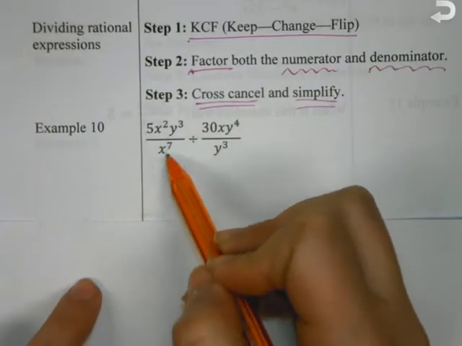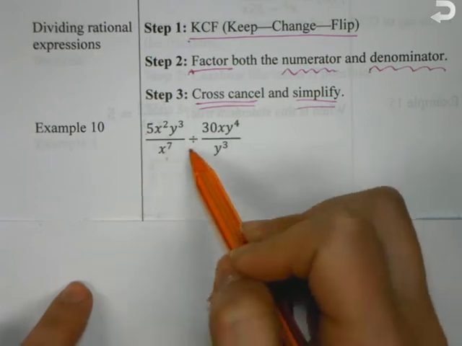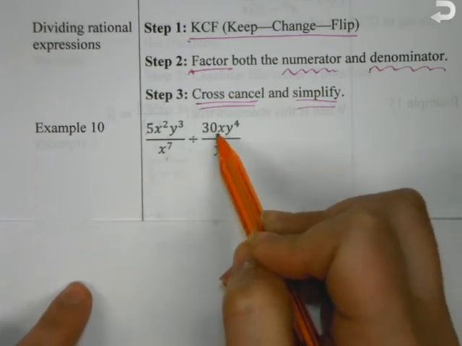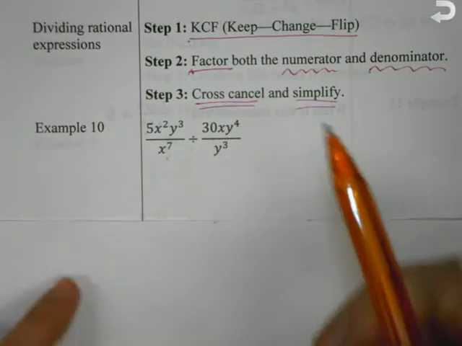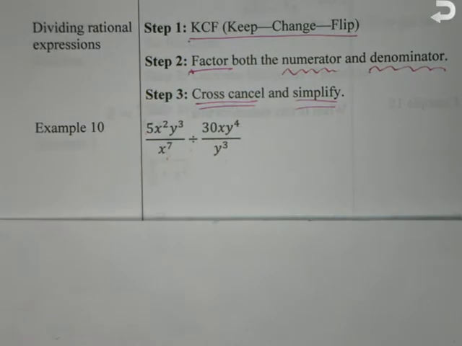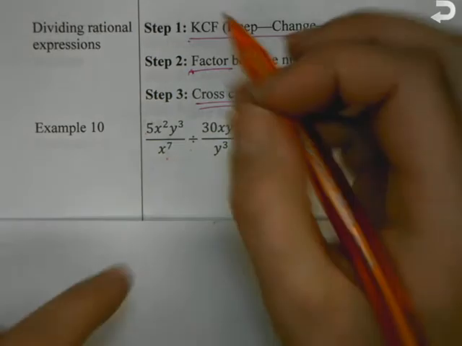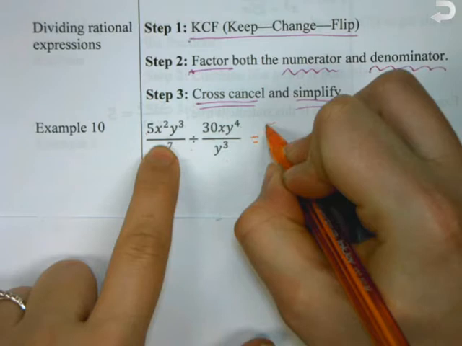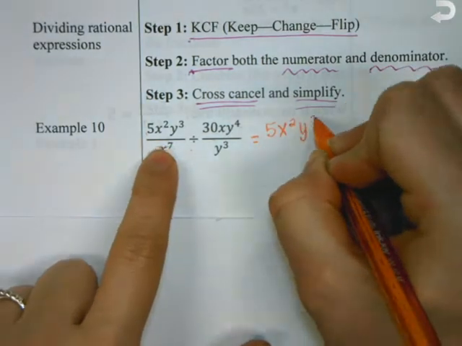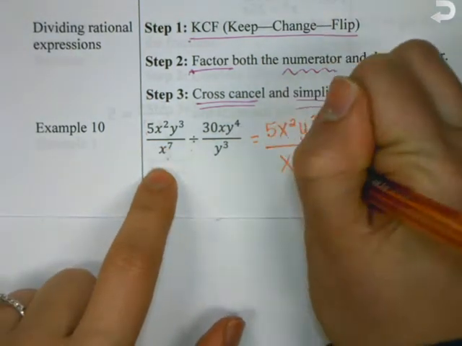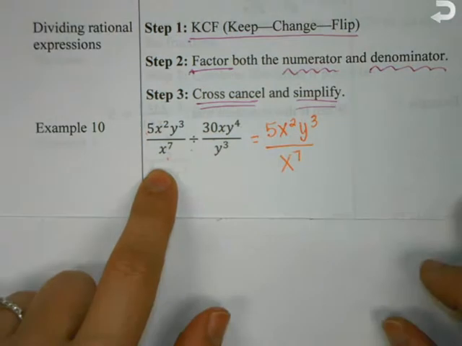So this becomes 5x squared, y to the third, all over x to the seventh, times y to the third over 30 x y to the fourth. So you change it all to multiplication first, then you can start factoring and reducing.